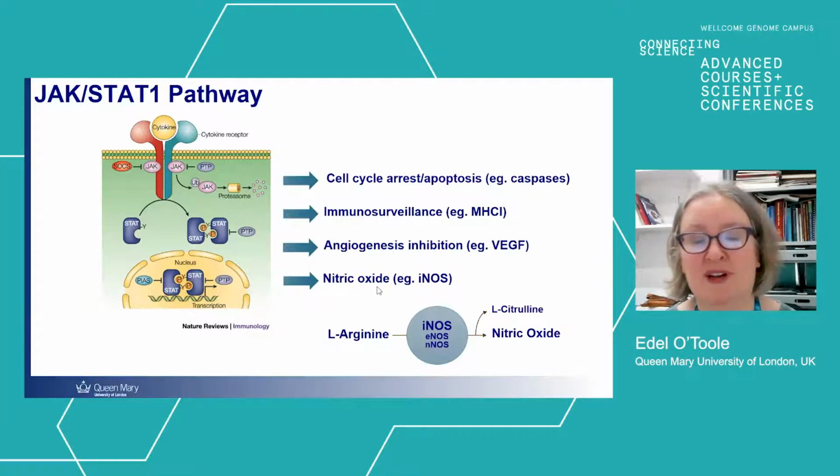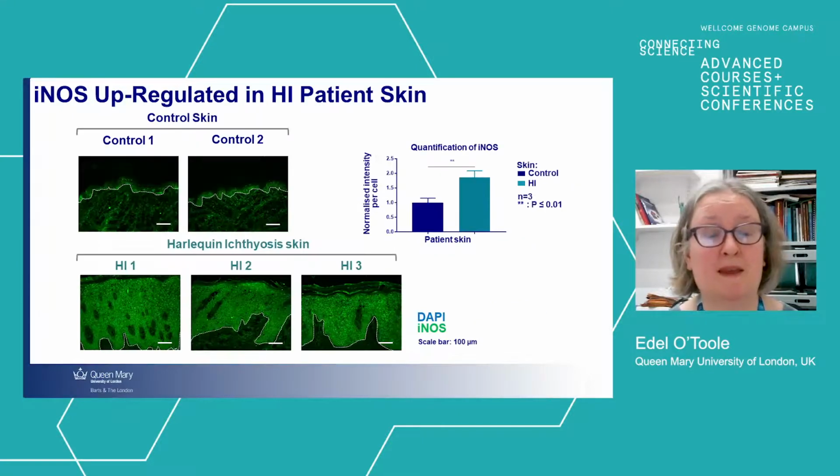And they're also involved in nitric oxide synthesis. So there's a gene called iNOS, which is important in generating nitric oxide from L-arginine. iNOS seems to be important in inflammation as well as many other things. And we observed increased expression of iNOS in Harlequin ichthyosis epidermis.